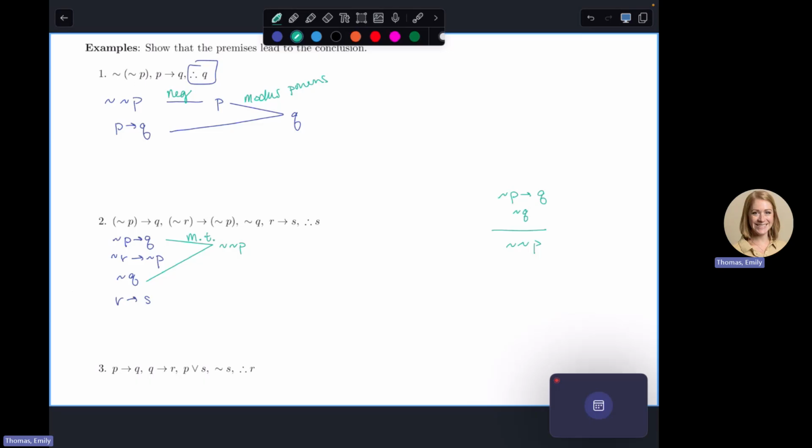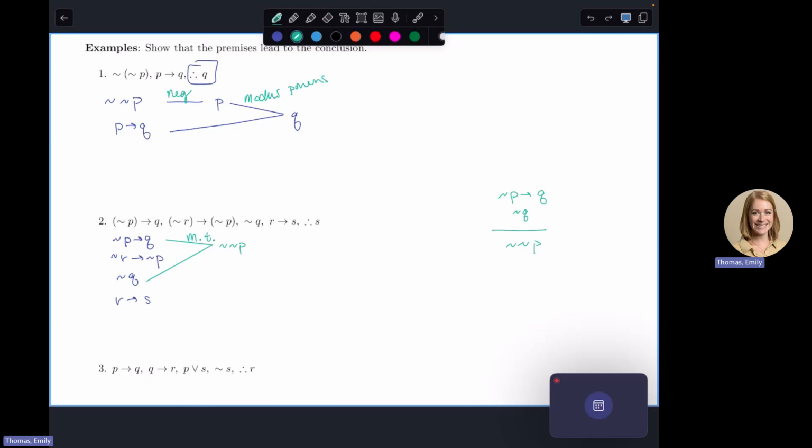What did you say, Janai? Modus tollens actually has this, right? Yes, it would just be P. You're doing two steps at once.